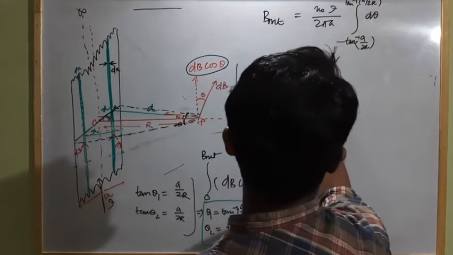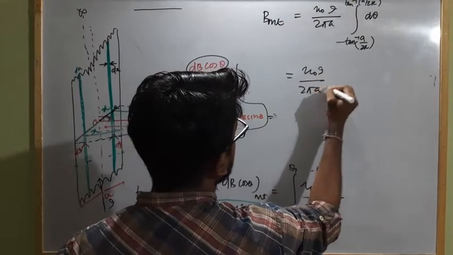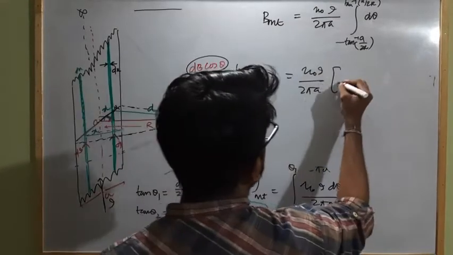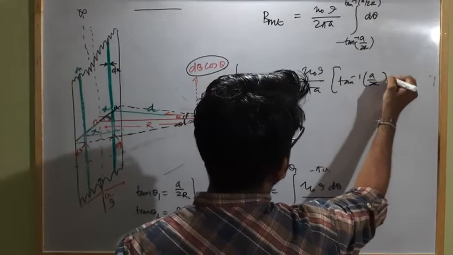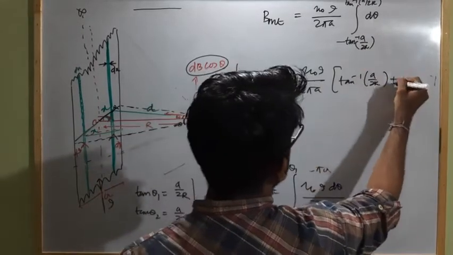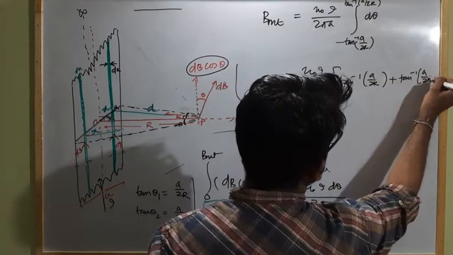So this becomes mu naught I divided by 2 pi a, d theta gives theta, upper limit tan inverse a by 2r, minus of minus, that is plus tan inverse a by 2r.